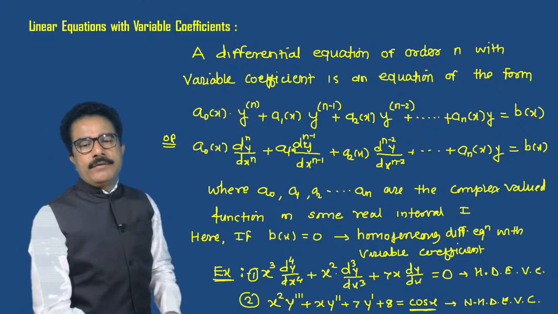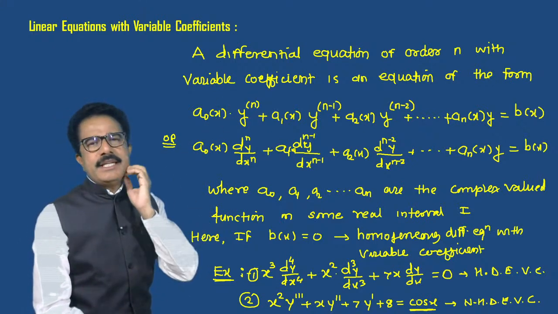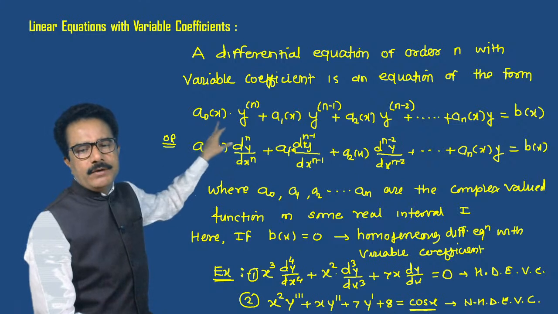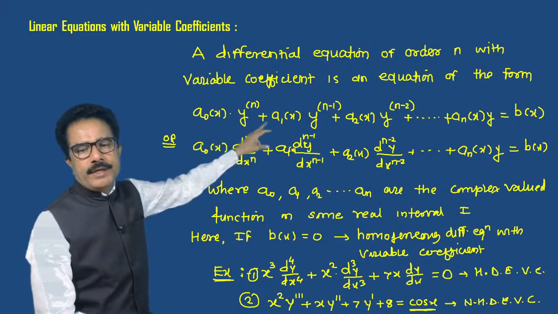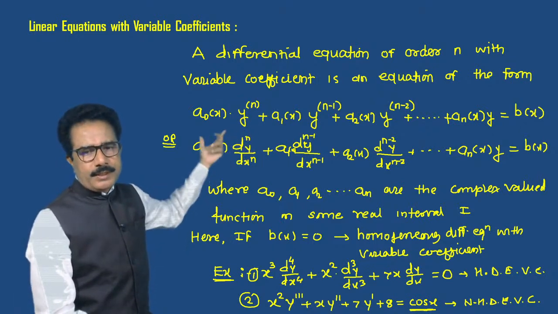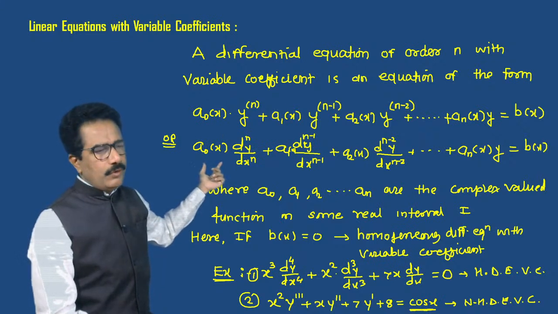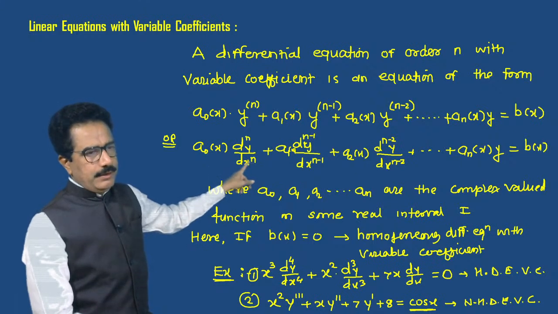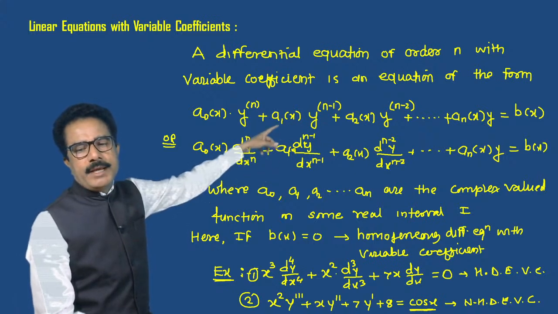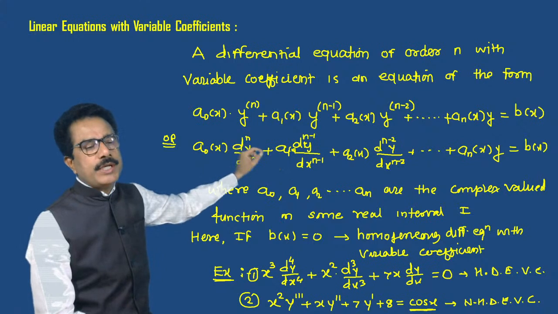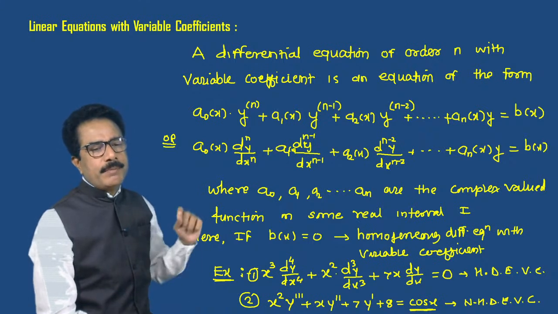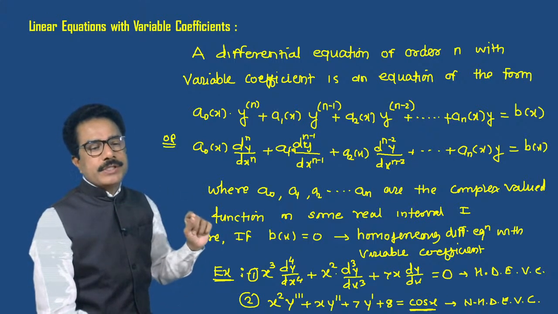The linear differential equation with variable coefficients is a differential equation of the form a0(x) d^n y/dx^n + a1(x) d^(n-1) y/dx^(n-1) + a2(x) d^(n-2) y/dx^(n-2) + ... + an(x) y = b(x).